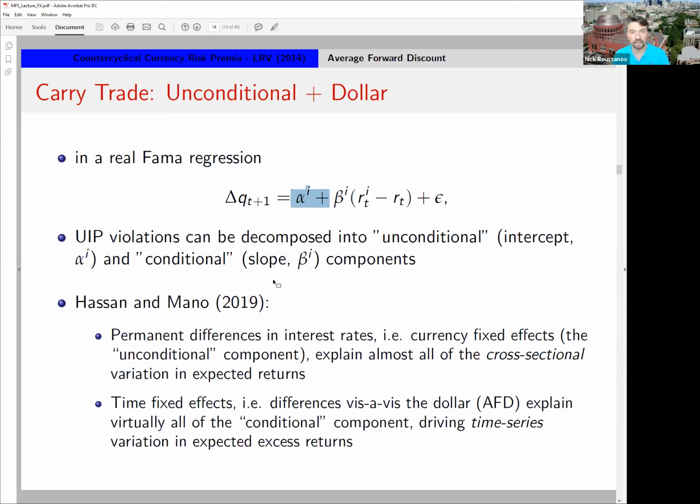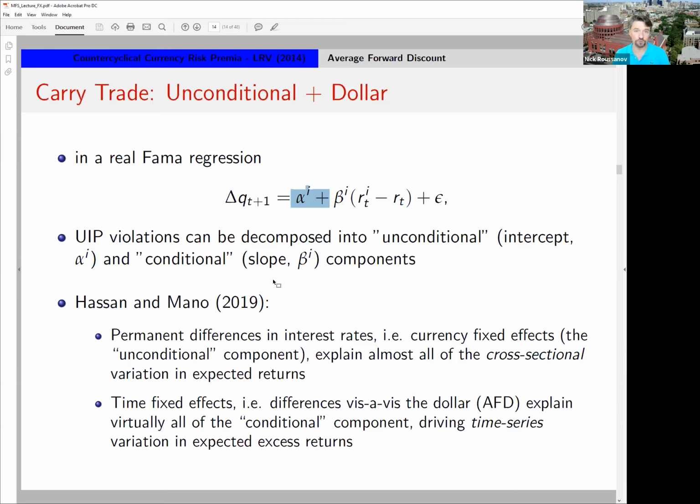So there's very little country times time contribution to currency risk premiums. So basically, we can either think about the cross-sectional differences in countries that are basically permanent or at least very, very persistent, and these would be these unconditional currency risk premia.